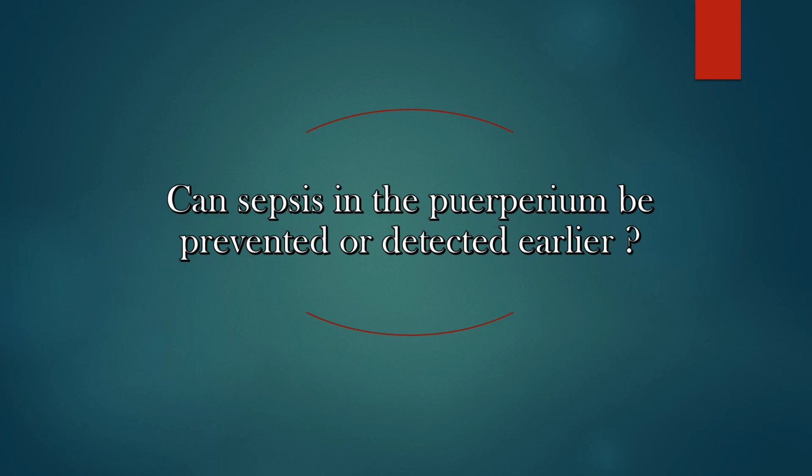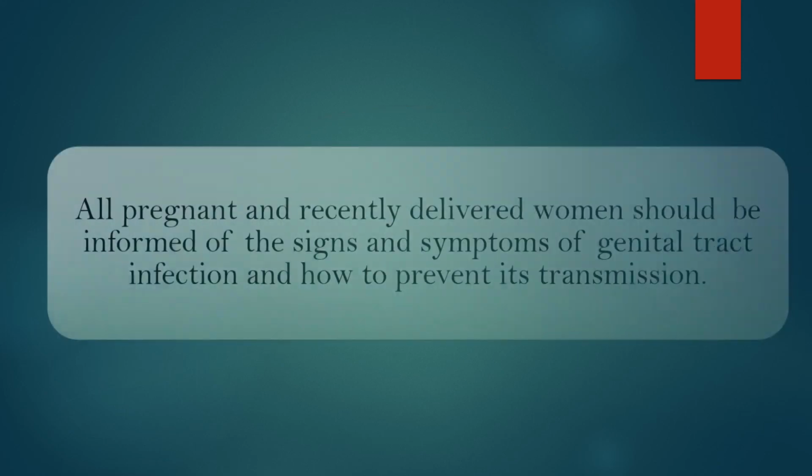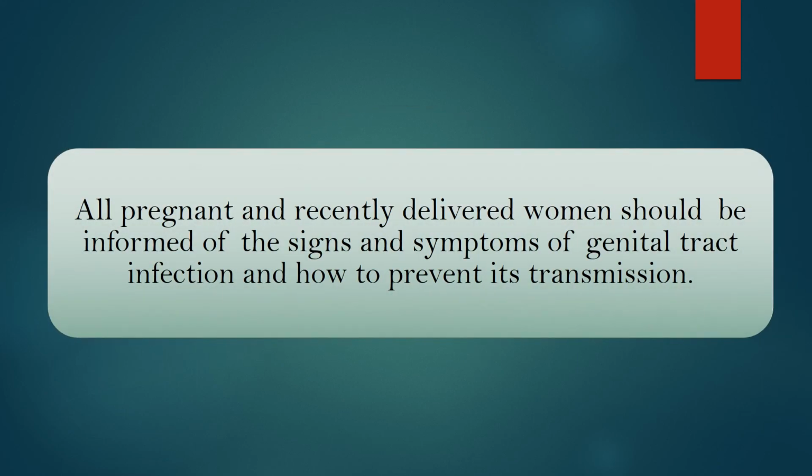Can sepsis in the puerperium be prevented or detected earlier? All pregnant and recently delivered women should be informed of the signs and symptoms of genital tract infection and how to prevent its transmission.